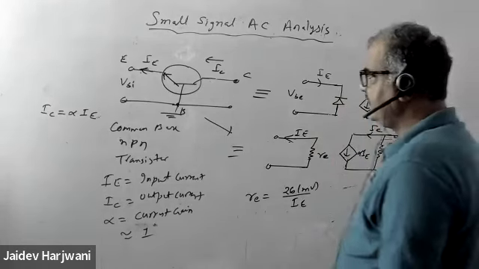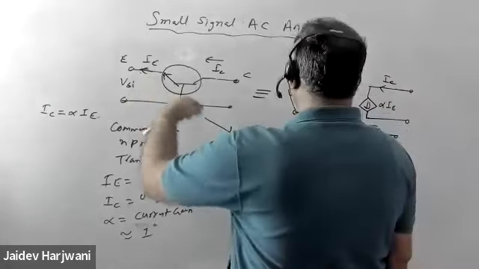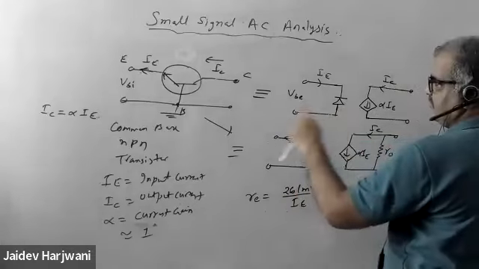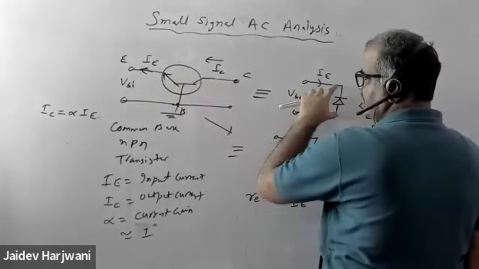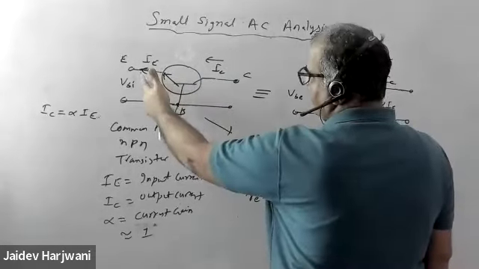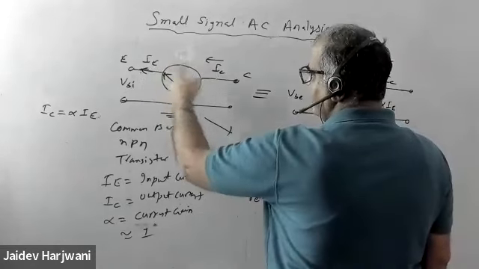Now here you have current coming in like IE. So this is a diode, I have replaced this by a diode. At the output you are only getting a current, which is a multiplication of this one.